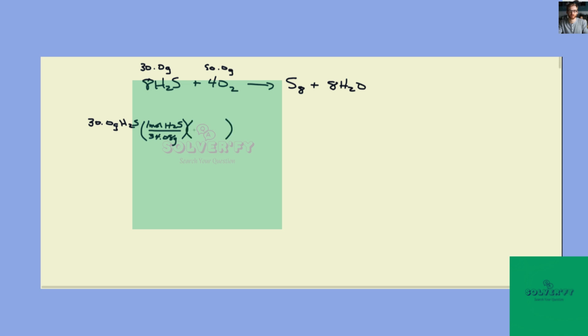Then we have to use the mole ratio to convert into S8. For every mole of S8 we make, we use 8 moles of H2S. We use the coefficients from our chemical reaction to get that ratio. So 1 mole of S8 comes from 8 moles of H2S, and we'll get that value.